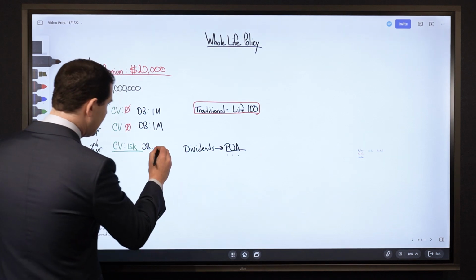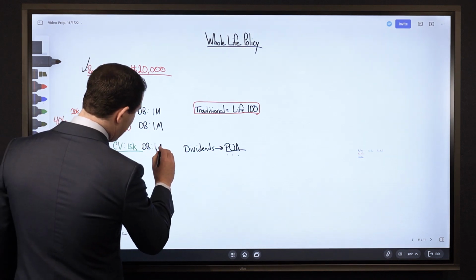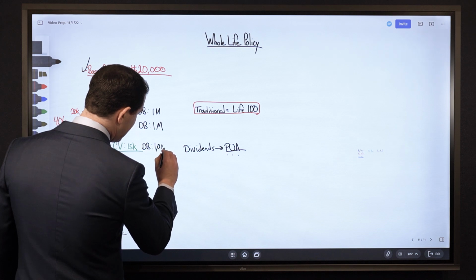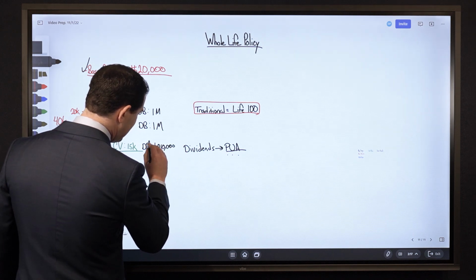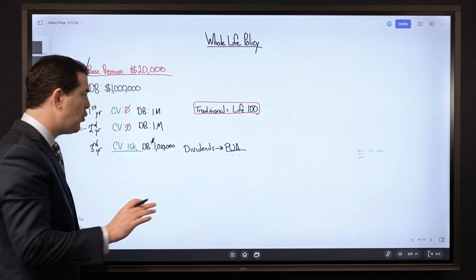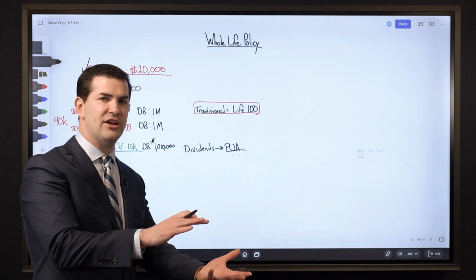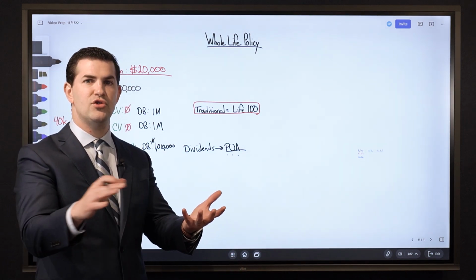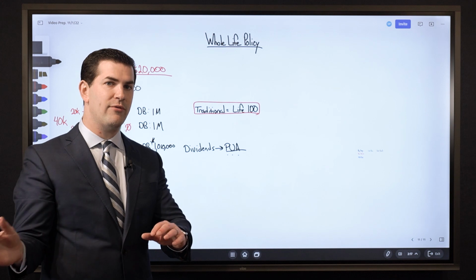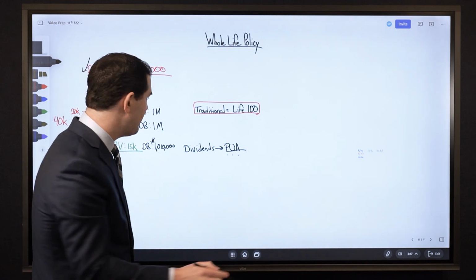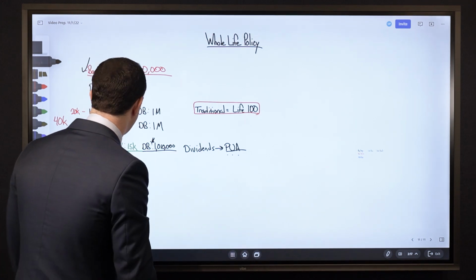So what we might see in a case like this is now we have $1,010,000 in life insurance. Might not be that exact number, but my point is as the cash value begins to grow, so will the death benefit. And when you die, whatever that net death benefit is, that's the amount that is paid out.